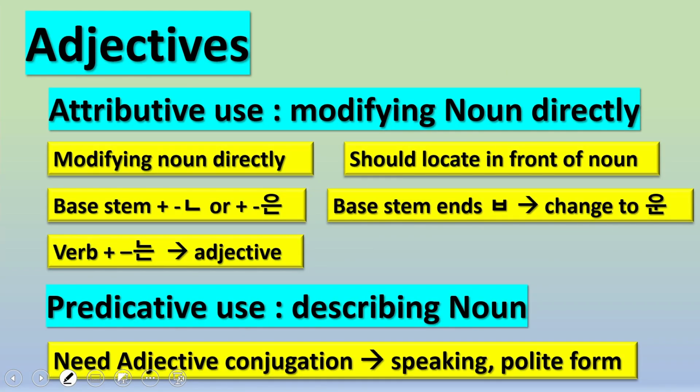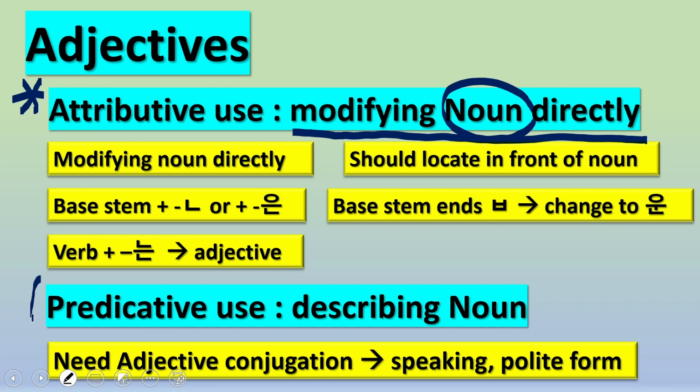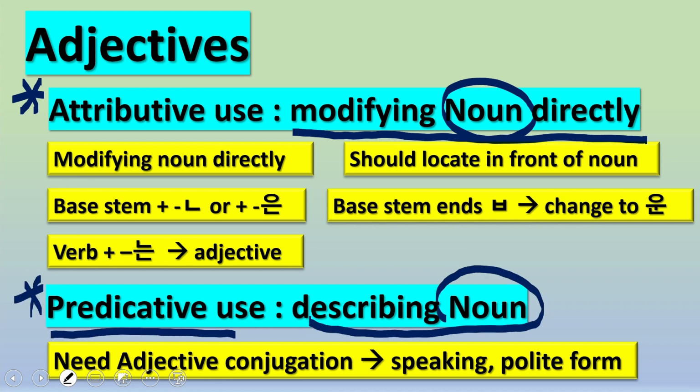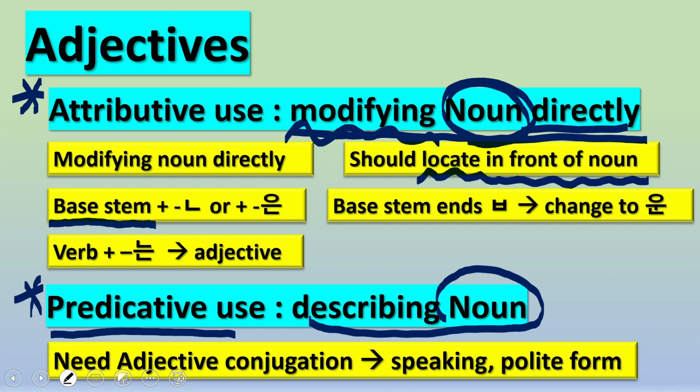So we learned about adjectives in Korean. The two major functions were attributive use, modifying a noun directly, and predicative use, describing a noun. When the adjective modifies a noun directly, the adjective should be located in front of the noun, and base stem plus ㄴ or plus 은.